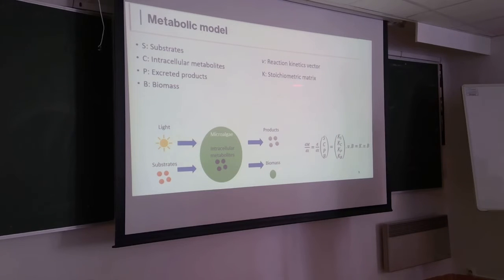V is the vector of kinetic reactions, the rates of reaction. And K is the stoichiometric matrix that comes from the chemical reactions that describe the process.